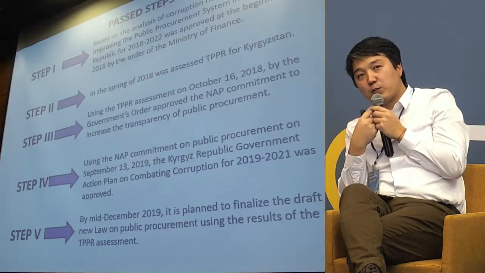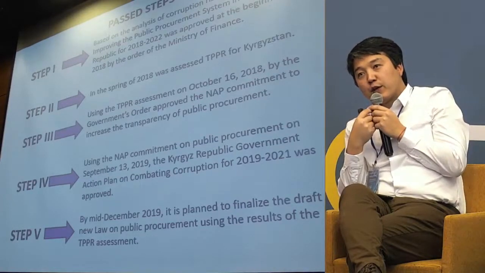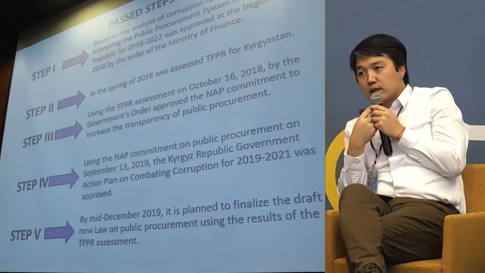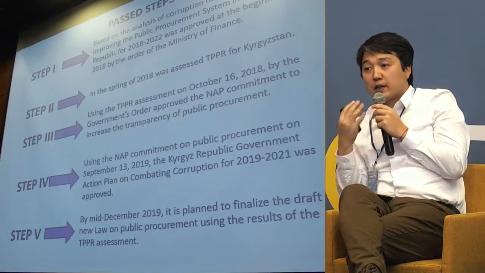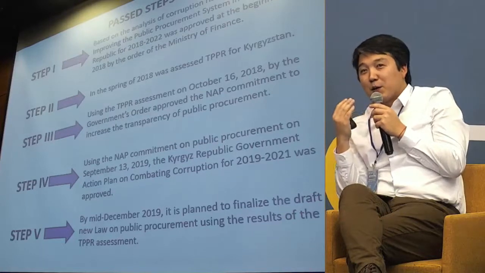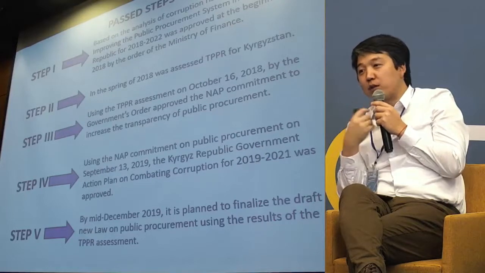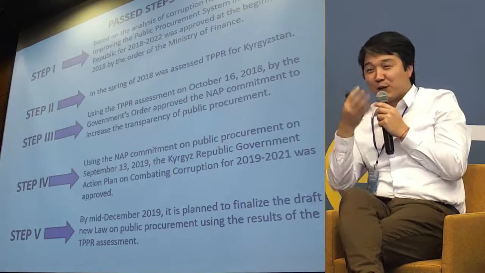So this commitment was approved by the government, and then I was very surprised that on September 13, 2019, 2 months ago, an action plan on combating corruption for 2019-21 was approved by government decree, and it used measures from the commitment on public procurement, which was part of the national action plan.